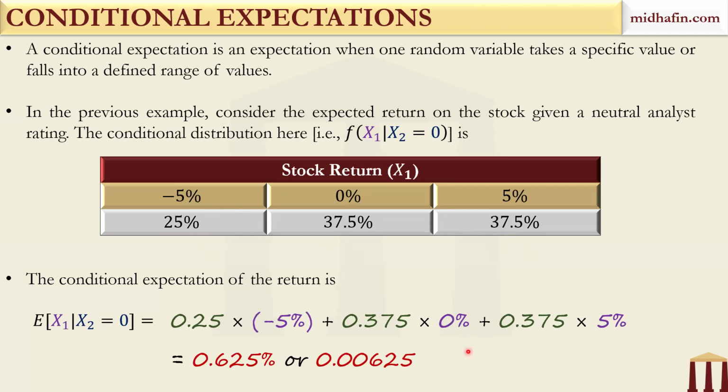So given that the analyst rating was neutral, the expected return on the stock is 0.625%. Finished. That is the idea. It's very simple. The only thing is that we have to be very careful about the probability values that we are using. In this case, we will use the conditional probabilities from the conditional distribution.